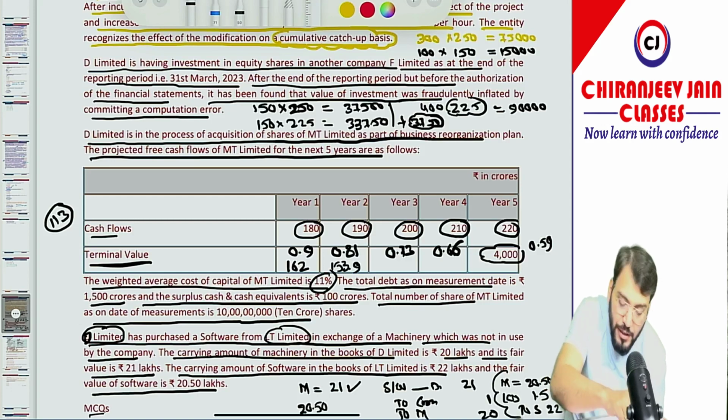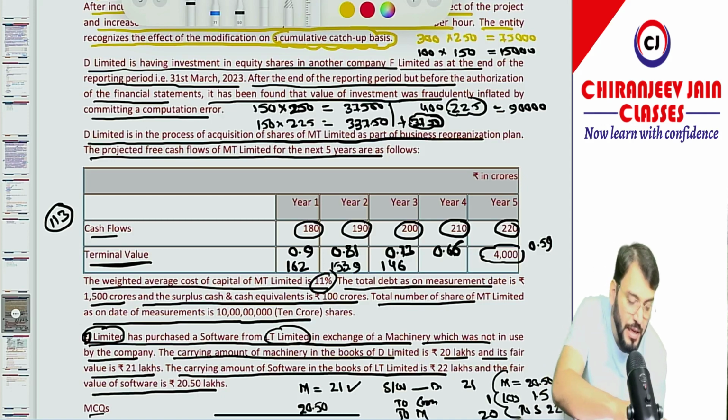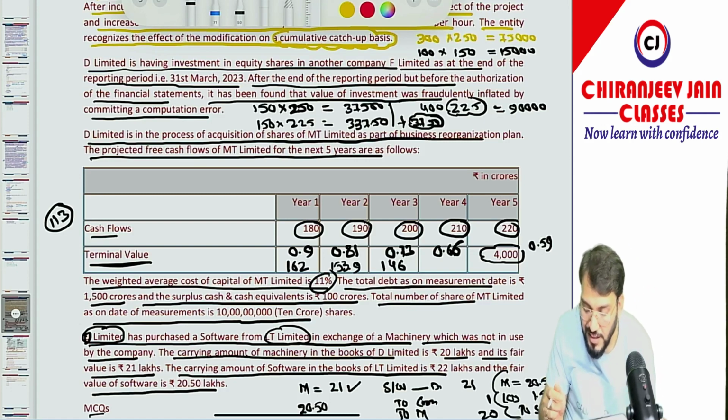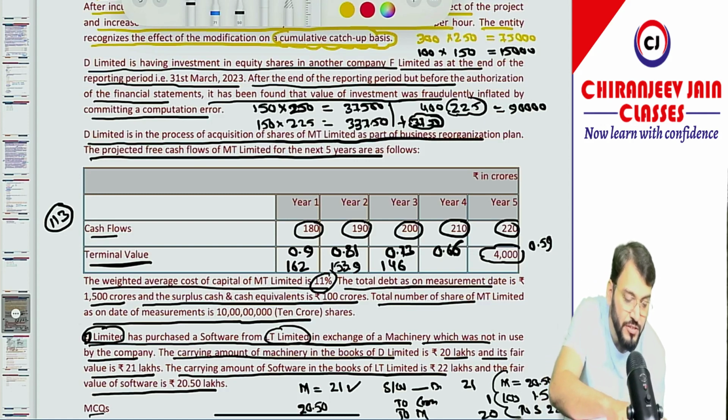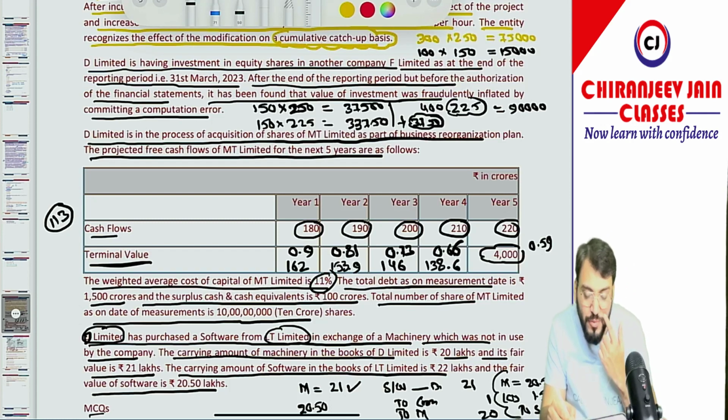Then 200 into 0.73 is equal to 146. Then 210 into 0.66 is equal to 138.6. For the last year, we will take 4,000 as well as the cash flow.